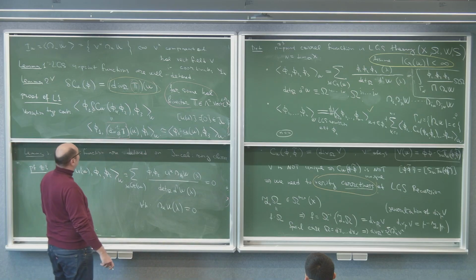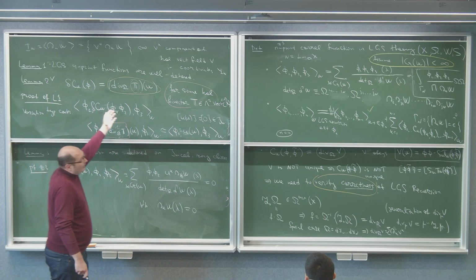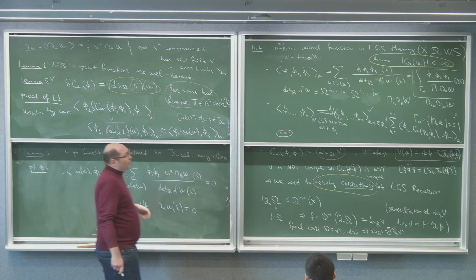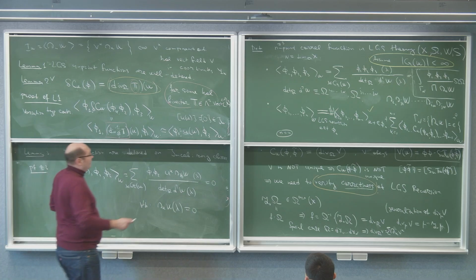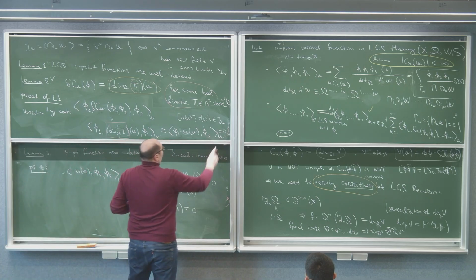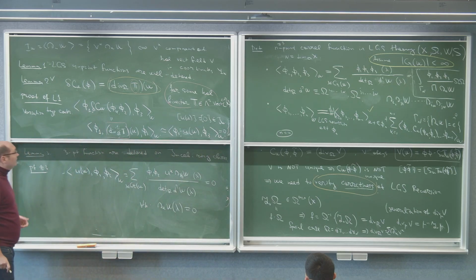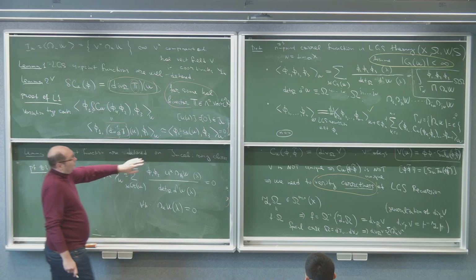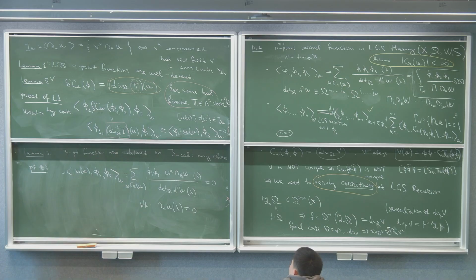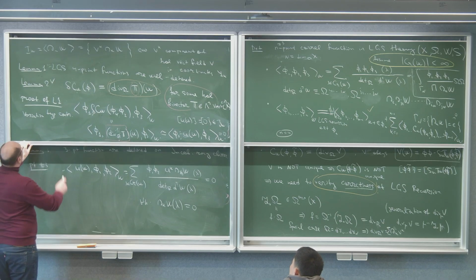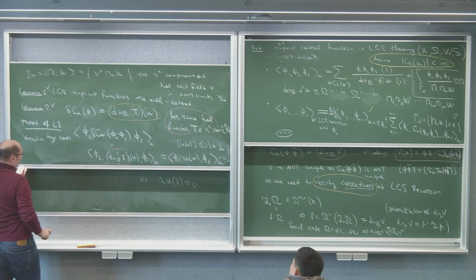So if we independently vary the 3 terms, each term vanishes independently because of this special property of the 3-point function. That completes the proof of lemma 1.